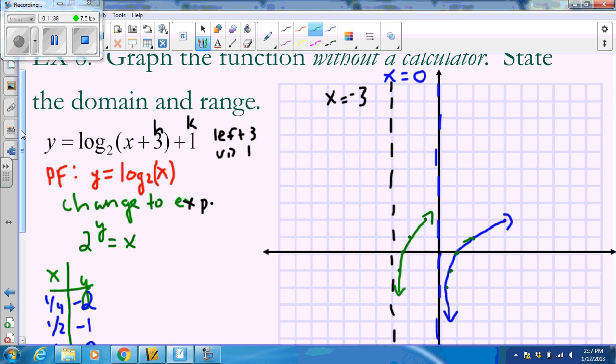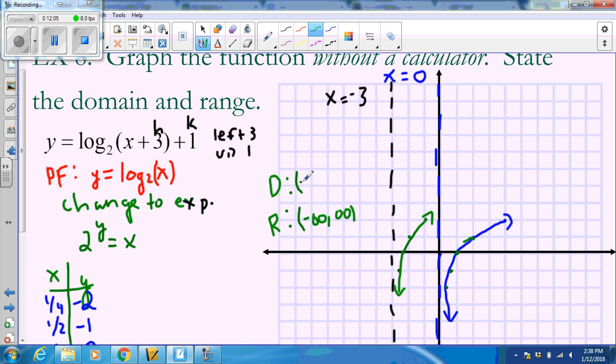Now, not only did we have to graph the function, we also have to find the domain and range. We're finding the domain and range of our green graph here. Now remember, the range of our logarithm is all reals. So we go from -infinity to +infinity. Our domain in this case, we are going to start at our asymptote, so the black one here.